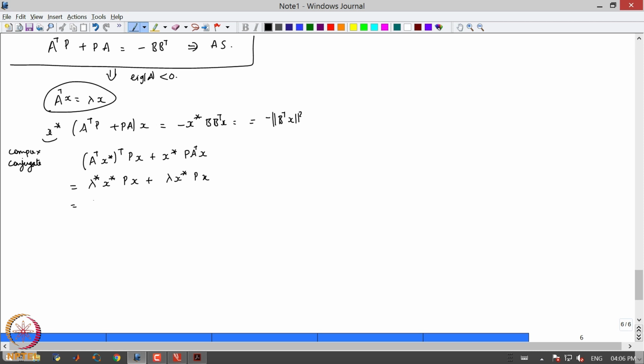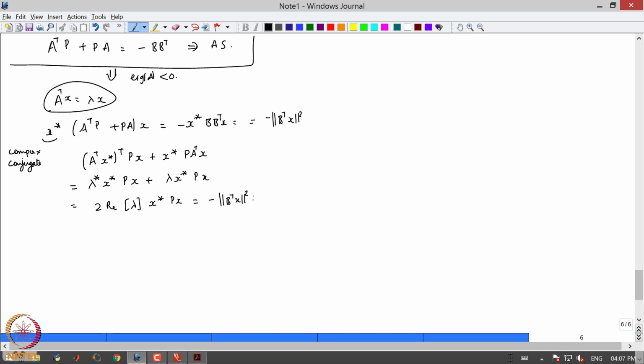Again this will give me twice the real part of lambda times x star P x, and on the right hand side I have minus the norm of B transpose x, whole square.